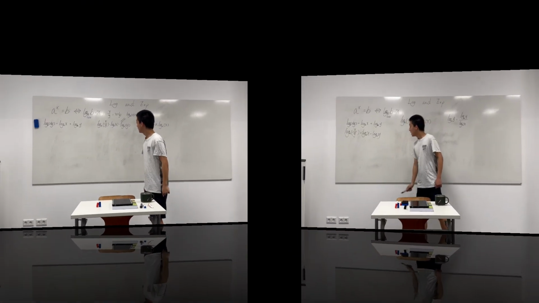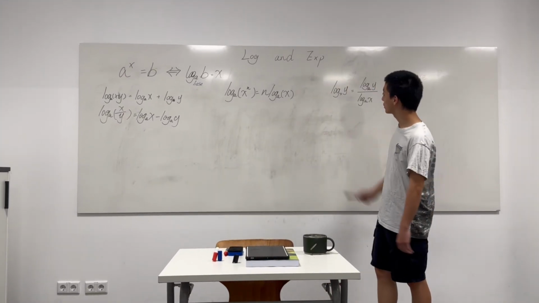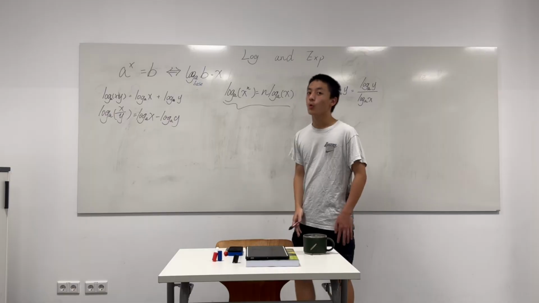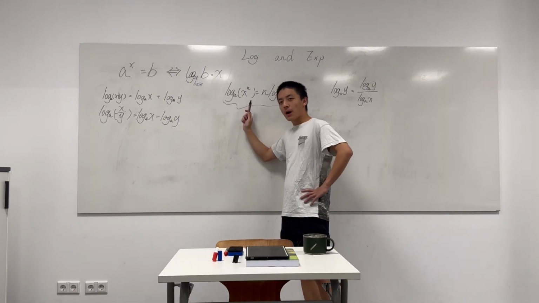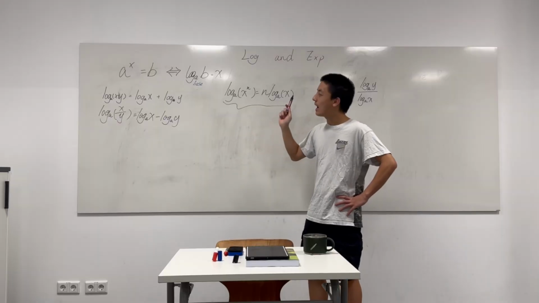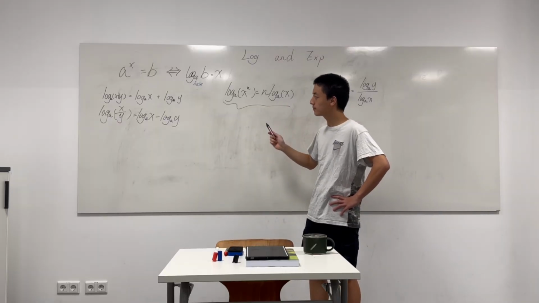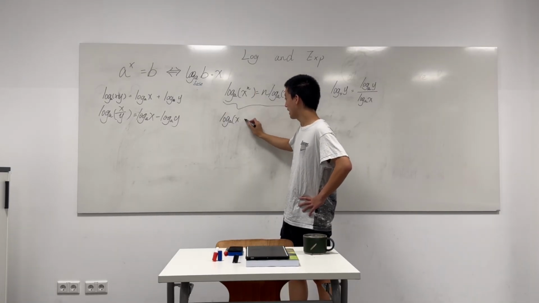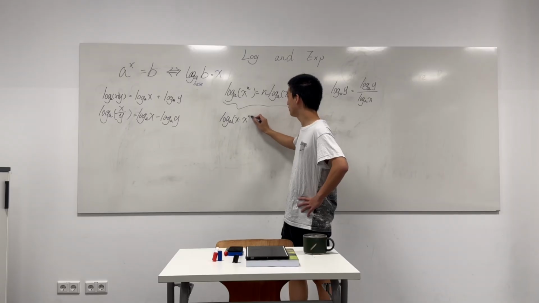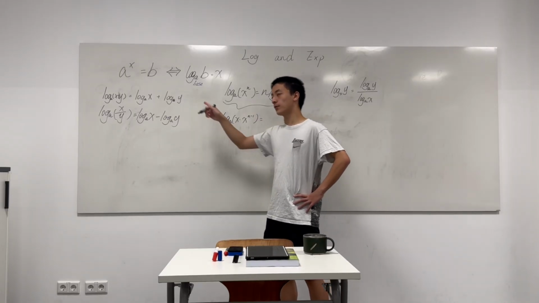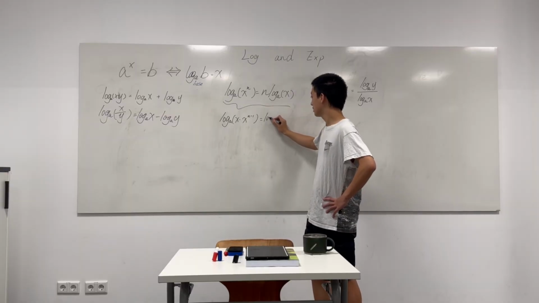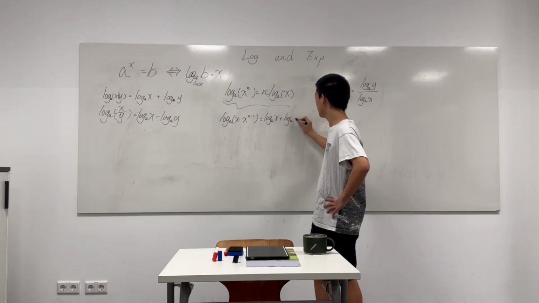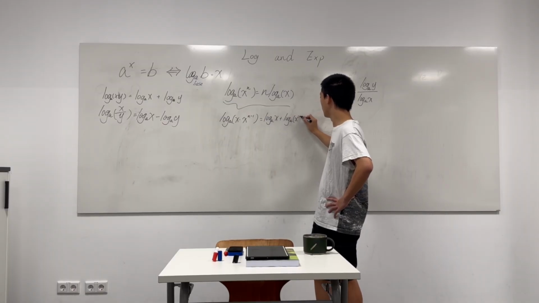That's good. Formulas. Then let's prove the last two formulas. So basically this one is the same as this one. Why do I say that? Because x to the power of n is n amount of x multiplied together. Therefore, x to the power of n is equal to x times x to the power of n minus 1. According to the first formula, it's equal to log a x plus log a x to the power of n minus 1.